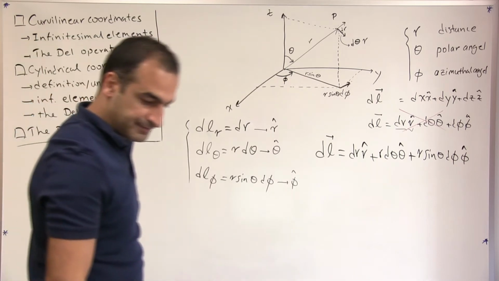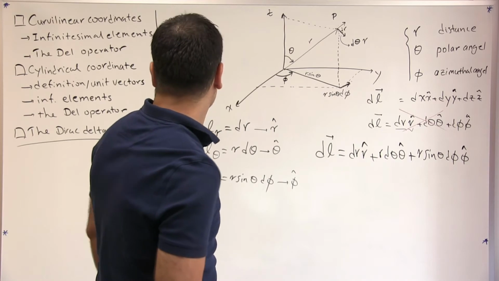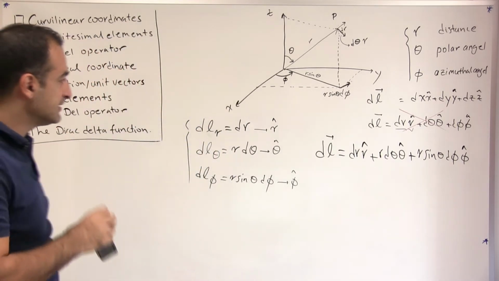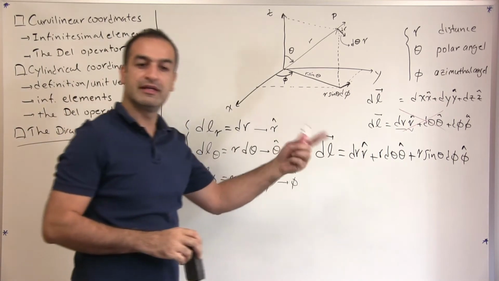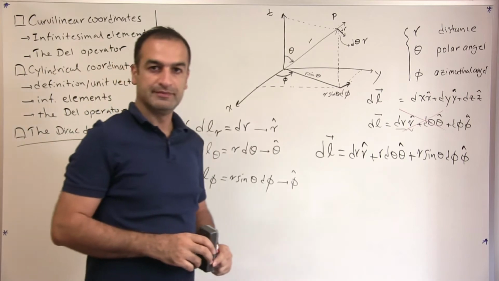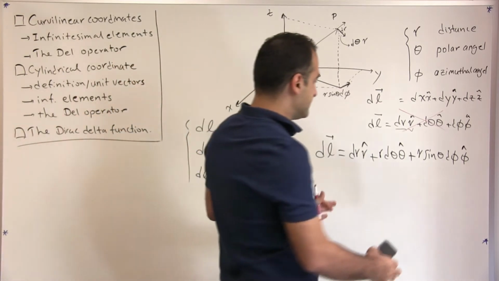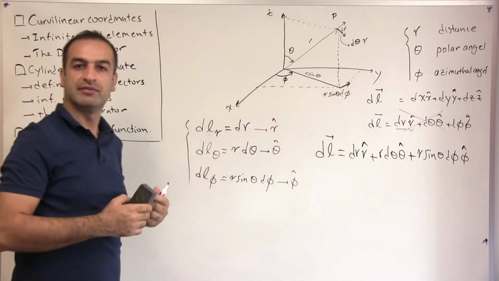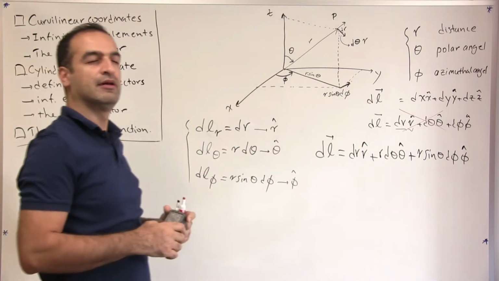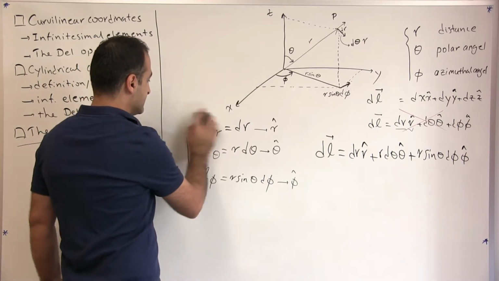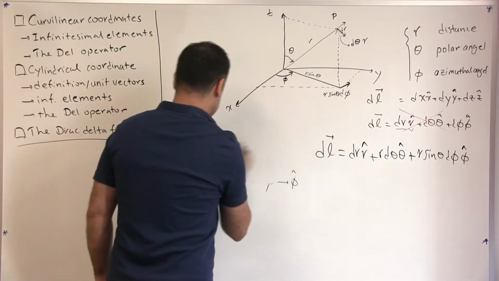So the next thing we're going to look at: this is infinitesimal displacement, and we're going to look at infinitesimal volume and area as well. I would say everything starts from right here. As soon as you have this one, you can easily derive the infinitesimal elements for volume and area as well.